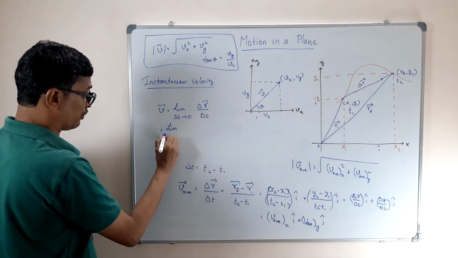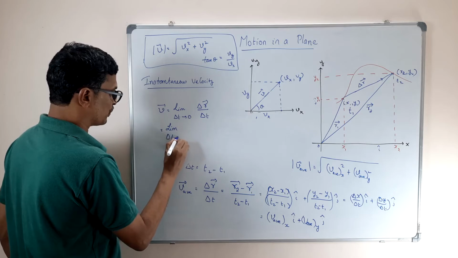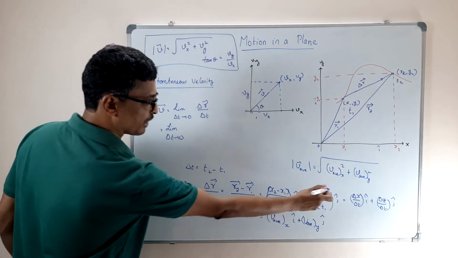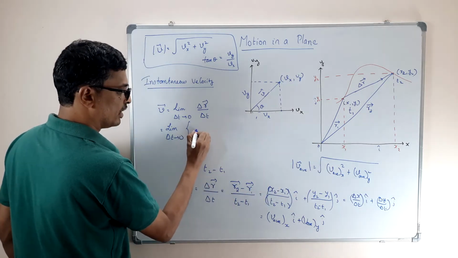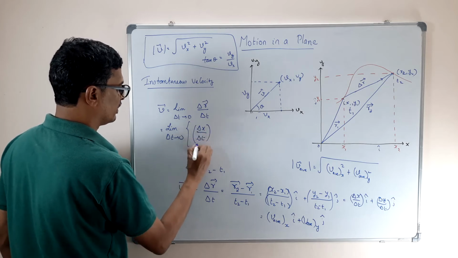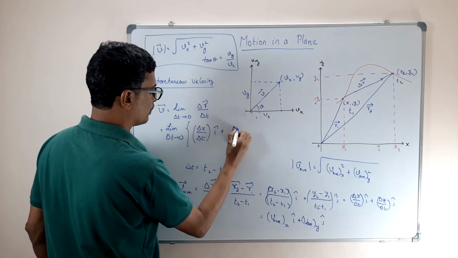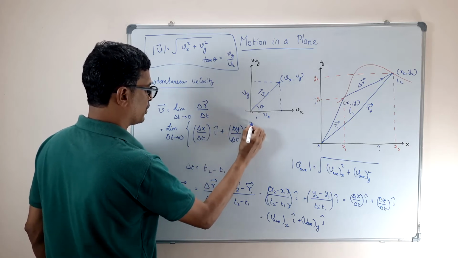Remember, I am going to resolve it into components. So delta t goes to 0. So delta r by delta t can be written like that, right? So this will be delta x by delta t i cap plus delta y by delta t j cap.